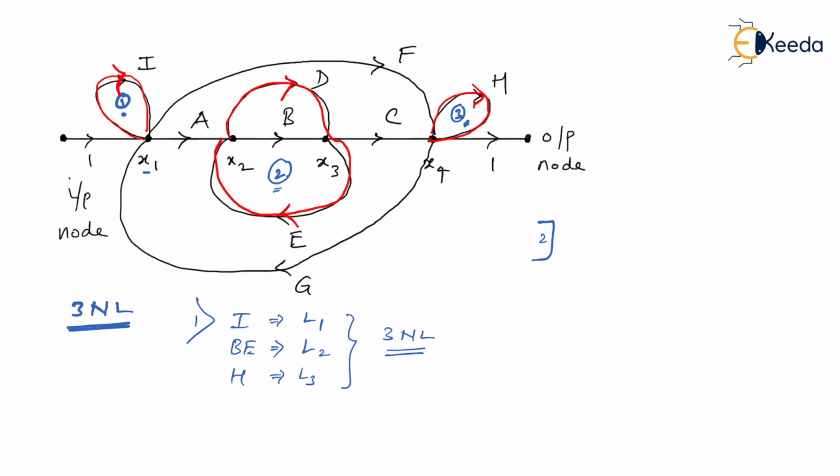So I'll list out which loops I'm talking about: self loop I, self loop H, and a normal loop with gain DE. We consider I as L1, H as L3, you can see the list on the previous slide, and DE, which was L7 for us. So I would say L1, L3, L7 are a set of three non-touching loops.